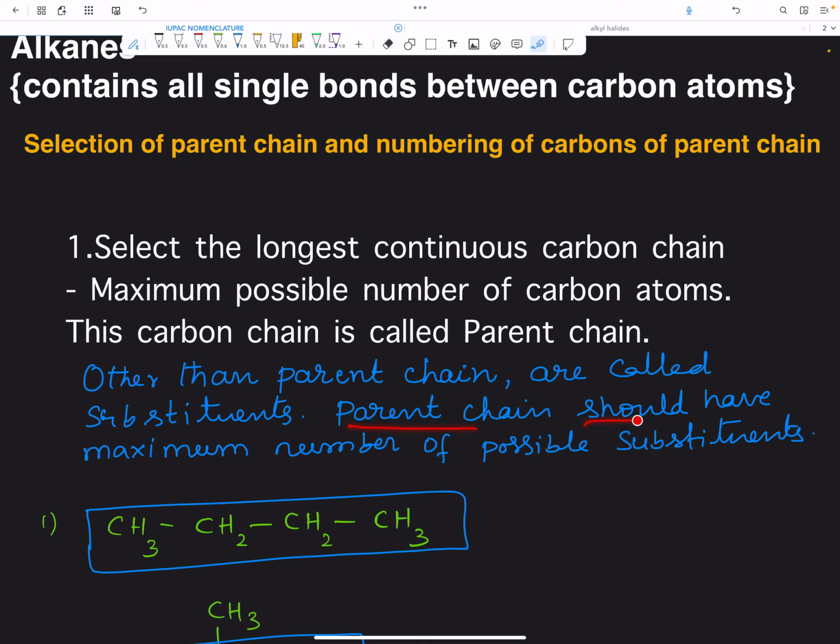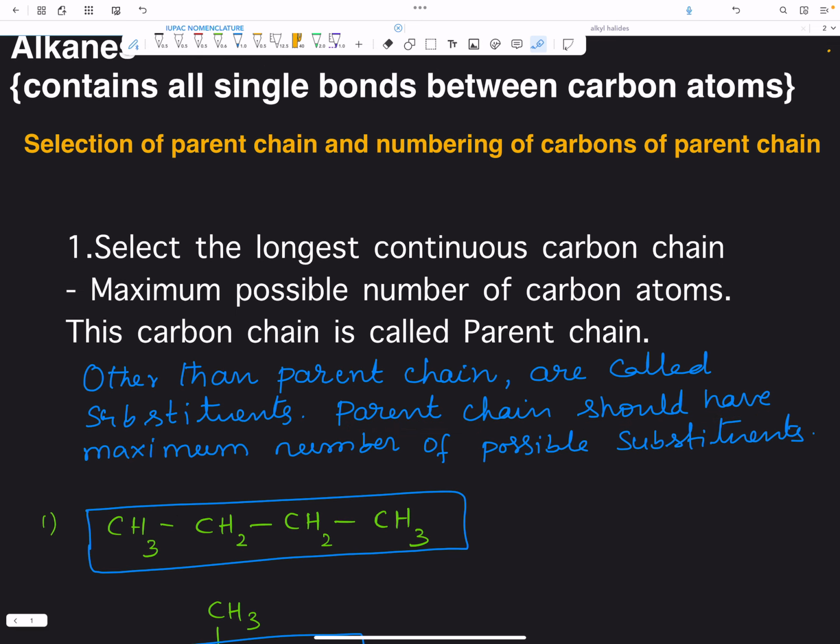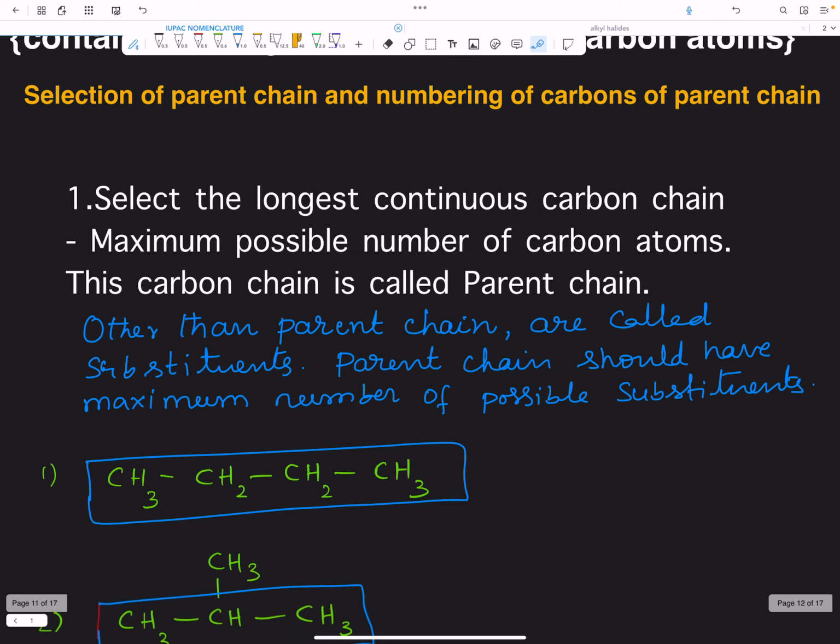Parent chain should have maximum number of possible substituents along with maximum number of possible carbon atoms. It means that if there are two longest continuous carbon chains with the same number of carbons, then select that longest continuous carbon chain with maximum number of substituents.